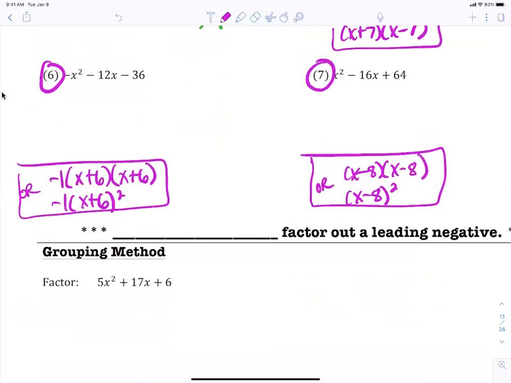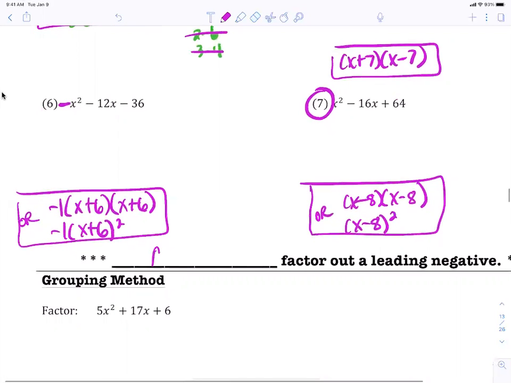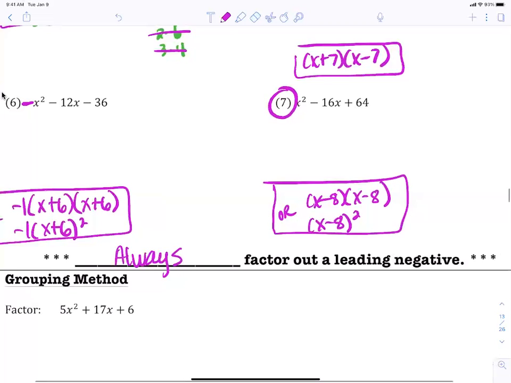But there is one thing that I'd like to make you aware of for number 6, just as a precaution. Just keep in mind, like when we've always pulled out a GCF, one thing to always know about factoring is that if there is a leading negative before the x squared term, we always factor leading negatives out in the GCF.